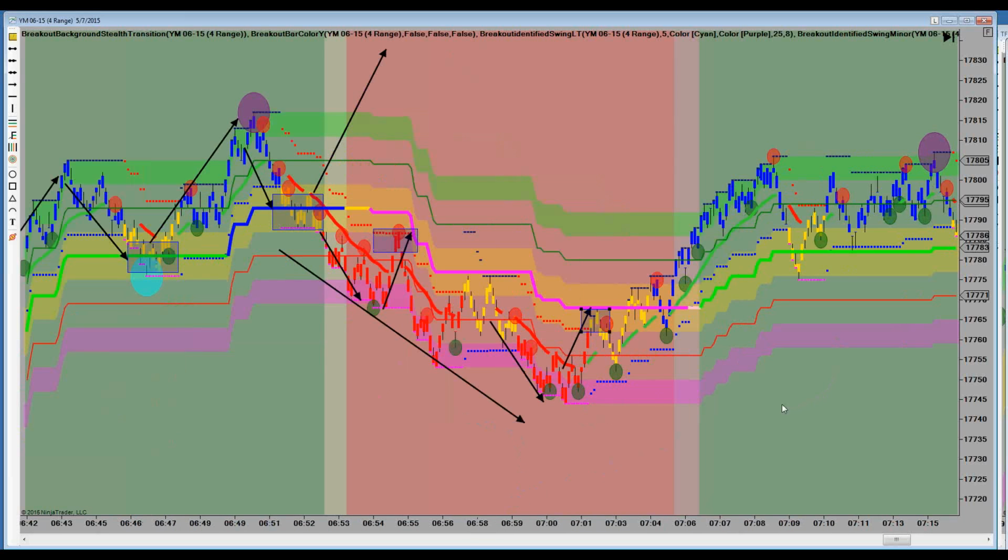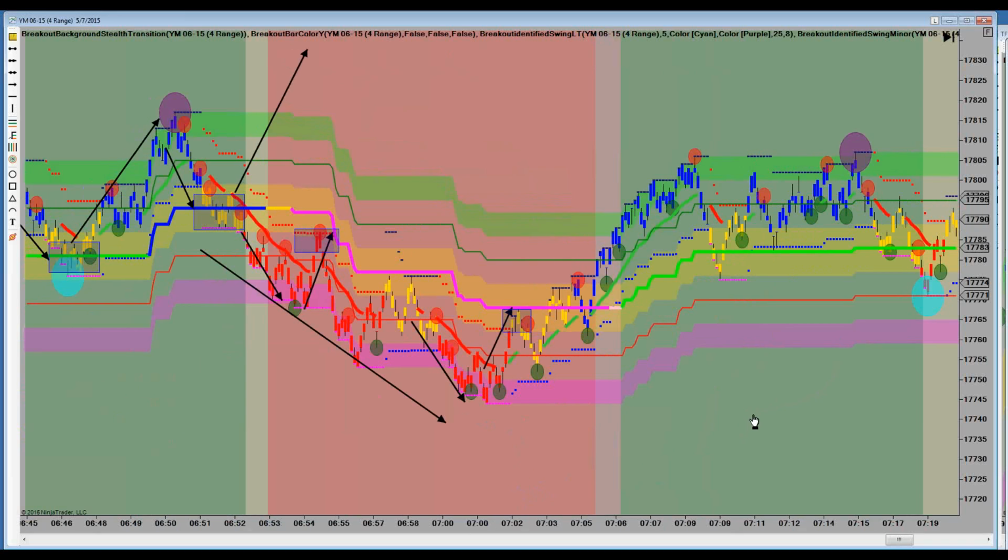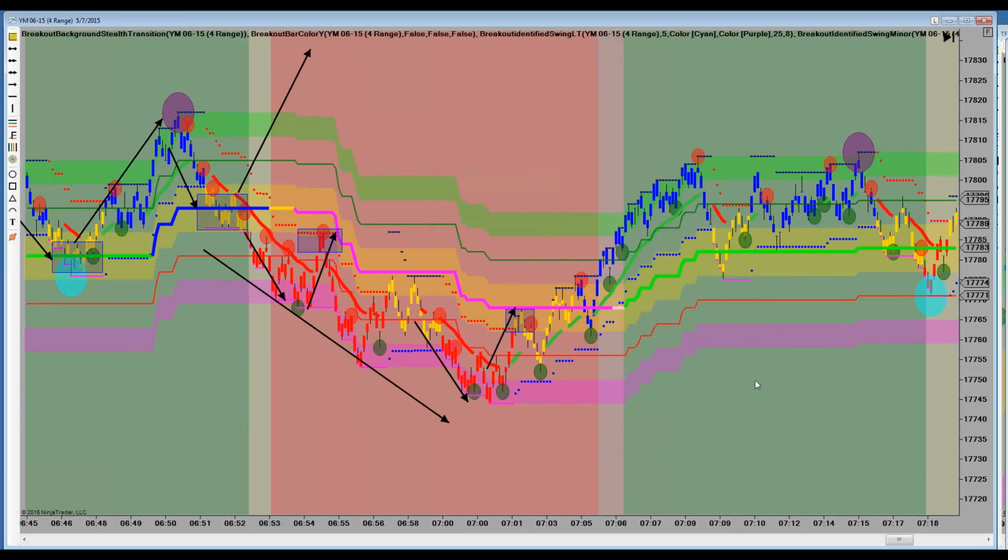I'm going to blow this up right at 7 o'clock, right around now. When I say 7 a.m. Pacific, I want to be clear. I'm not saying that precisely at 7 a.m. you will get a V bottom or a V top. That's not what I'm saying. What I'm saying is the tendency in most markets on most days is that some type of reversal occurs around 7 o'clock.